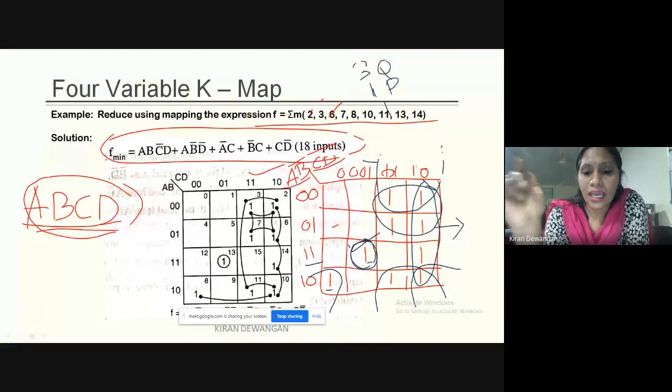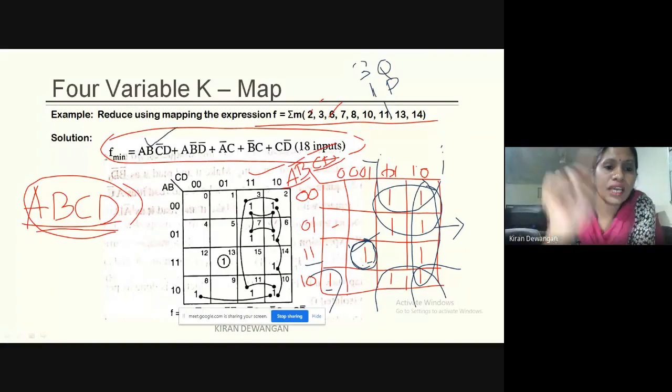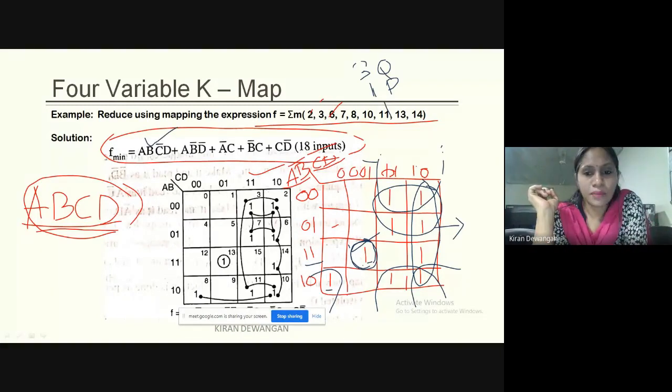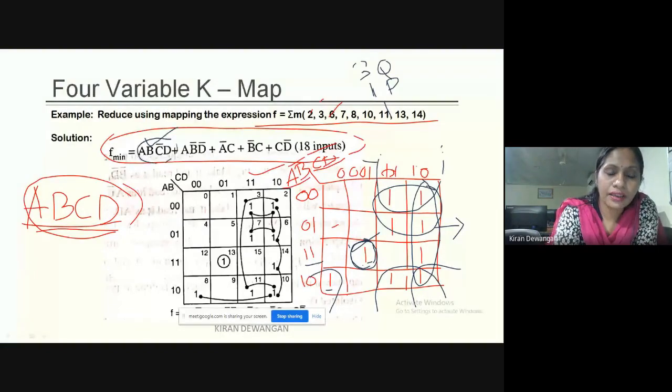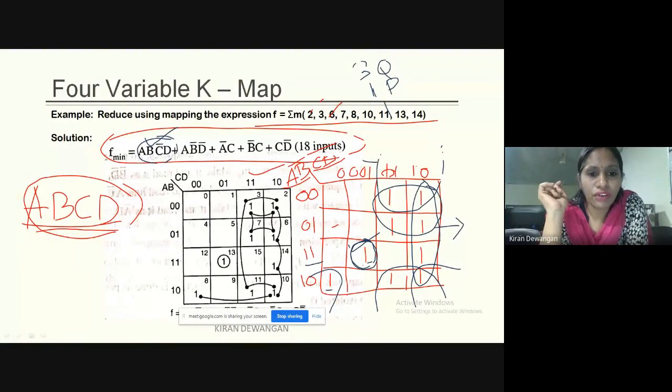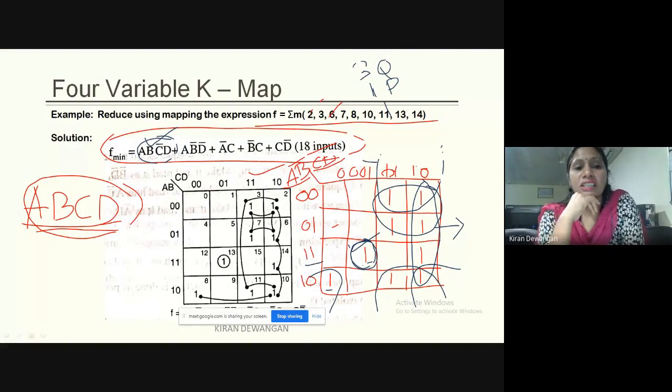So it is A B C bar D. Clear? So this is how we'll write our isolated term. Since it's an isolated term, it will have all 4 variables. If it is a 4 variable function, all the 4 variables will be present in the term.